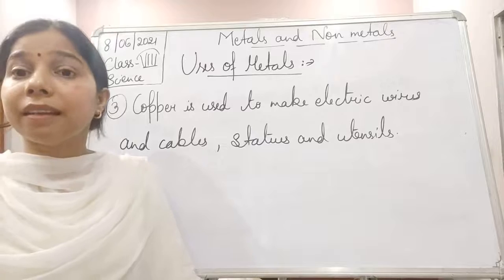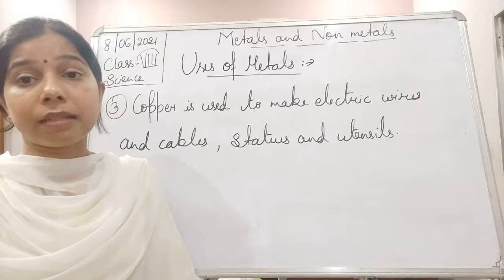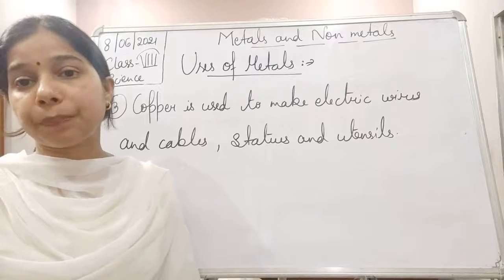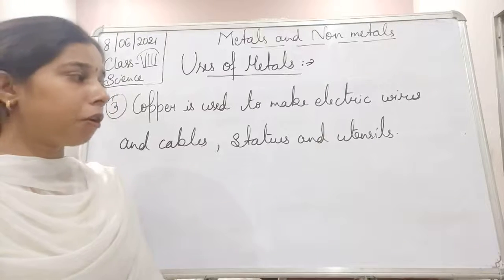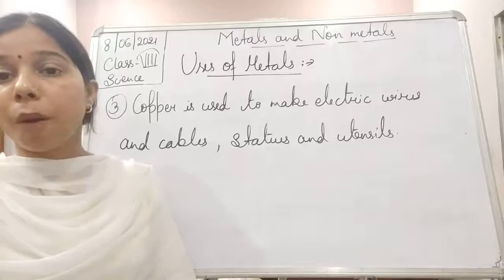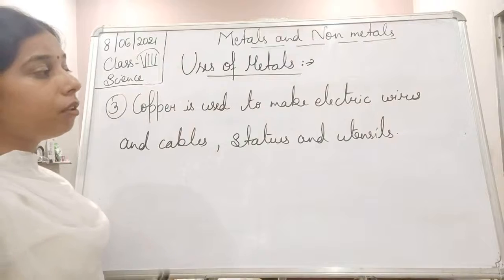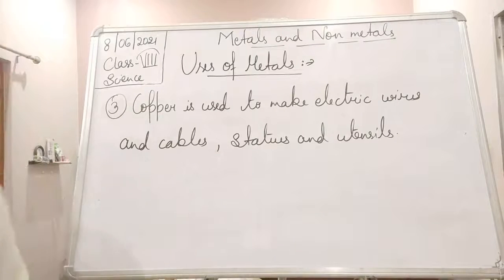Copper has the lustrous property, students, so you can understand that being lustrous, it is used in making statues. You know that there are a lot of benefits of using copper utensils. So these are some of the uses of copper.